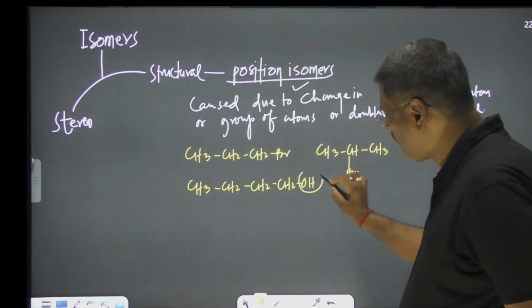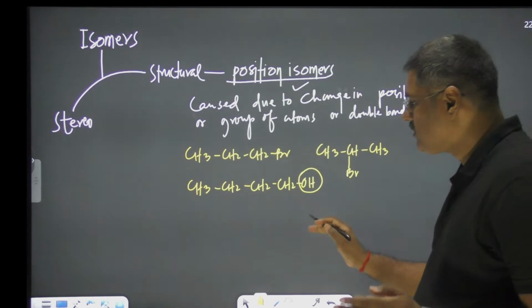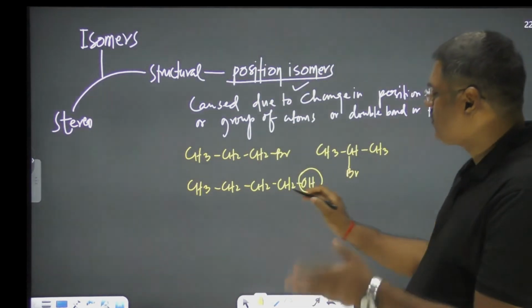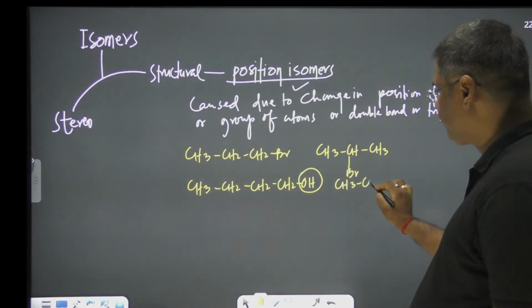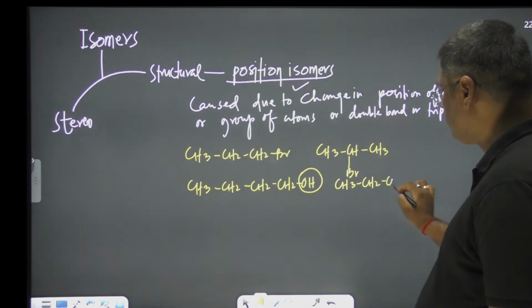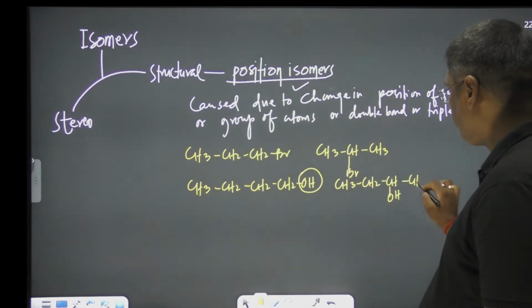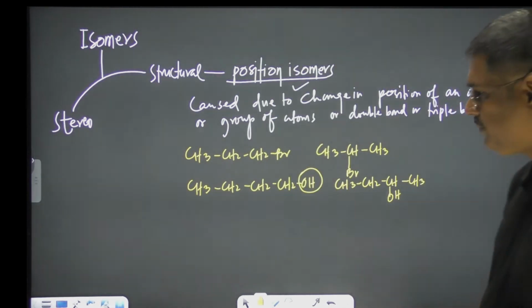This is the group of atoms OH, the functional group. This one is butan-1-ol. If we change its position, we say this one is CH3, CH2, CH, OH, and there the CH3. Certainly, we say position isomers, butan-2-ol.